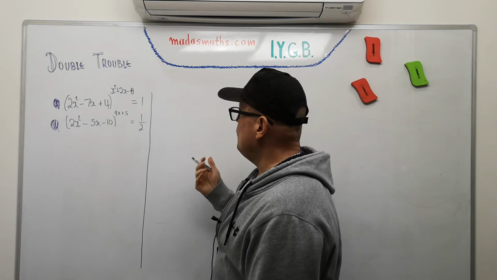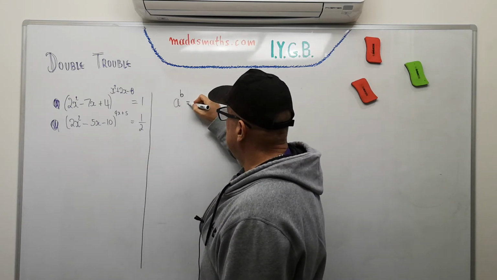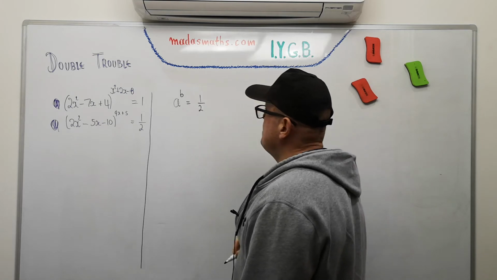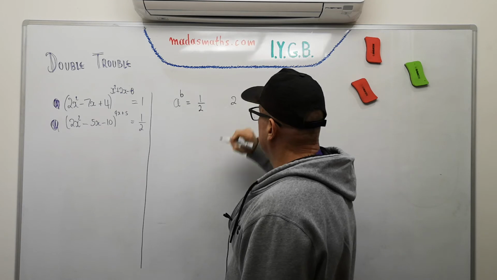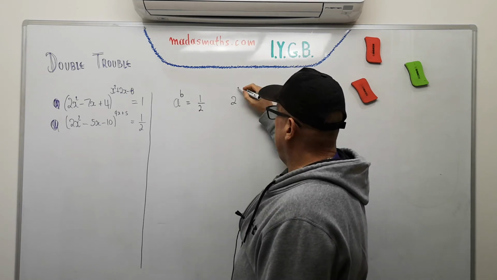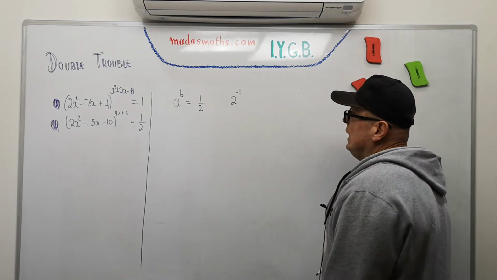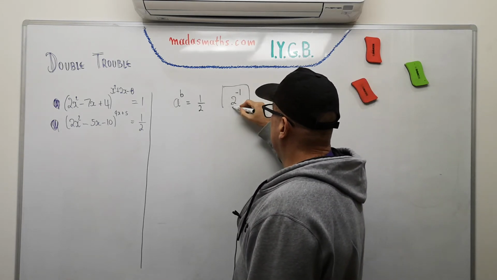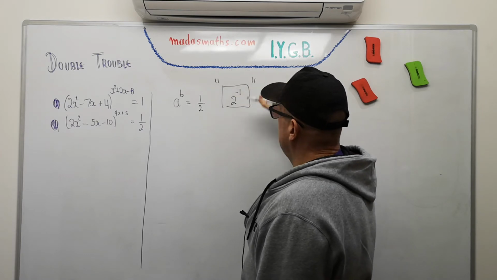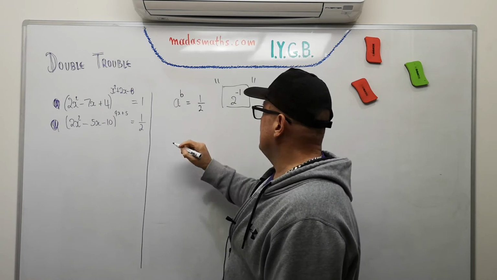What does that mean? How can we get a half? By doing a to the b, again, is equal to a half. What could the numbers be? For example, we could have 2 for the a, and of course, in order to go 1 over, to the minus 1. Let's see if we have possible solutions now. So this is our target for this particular configuration. So let's look first of all at the base.